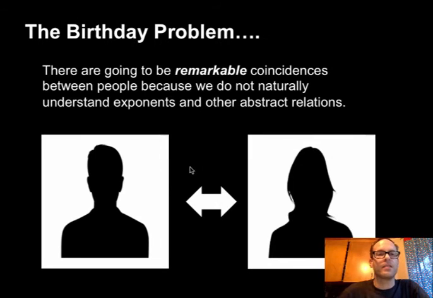What that means is that there are going to be really remarkable coincidences that happen between people. And it's not because it's necessarily meant to be. It's just that we don't understand large numbers very well. We don't understand exponents very well.